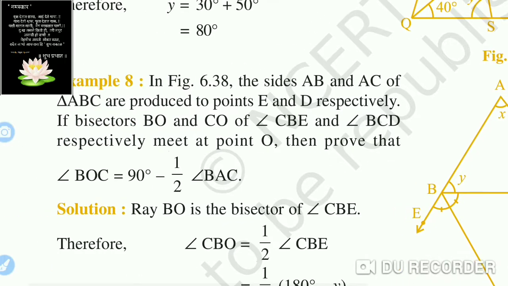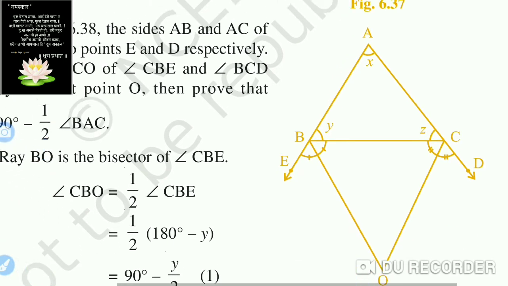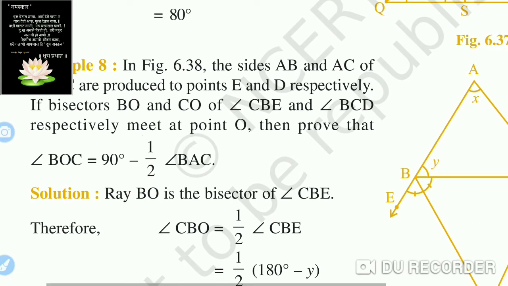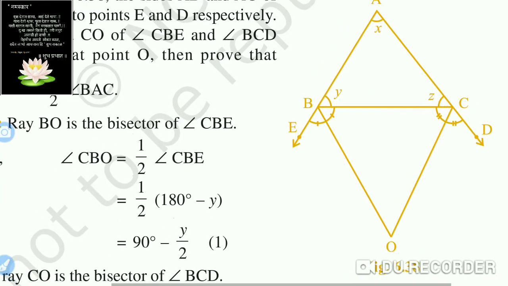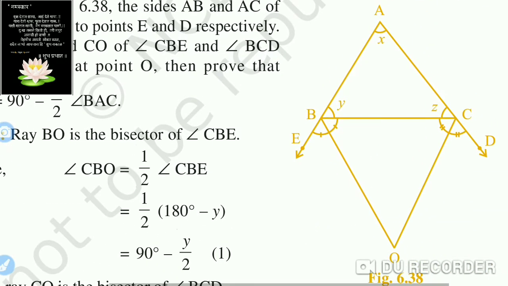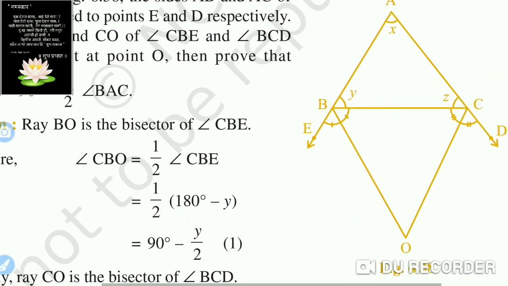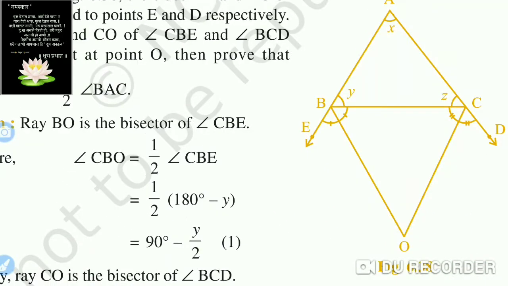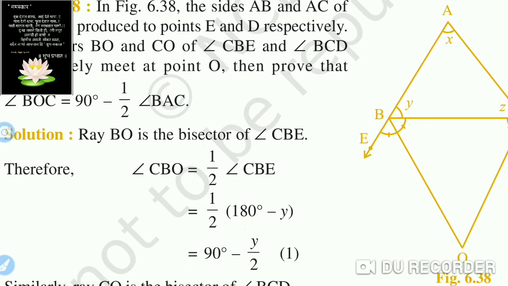Then if bisectors BO and CO of angle CBE and angle BCD respectively meet at the point O, then we have to prove that angle BOC is equal to 90 minus half of angle BAC. That we have to prove.